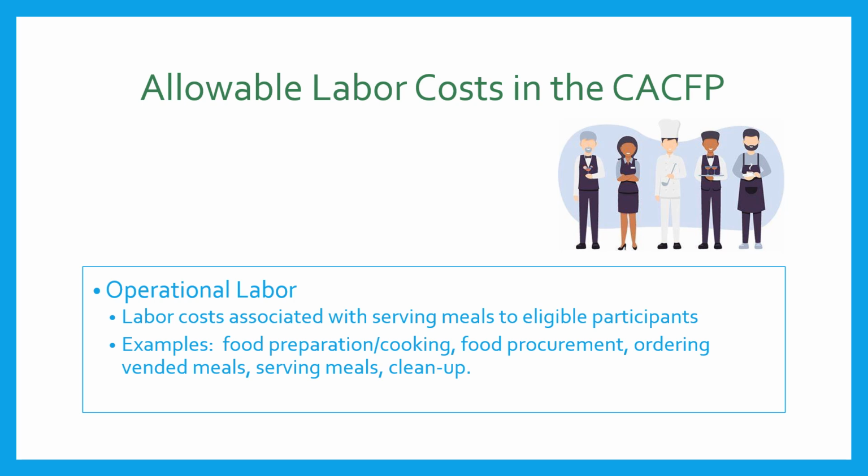Some examples of labor associated with serving meals are food preparation, including cooking meals; food procurement, specifically related to sponsors who self-prep any or all meals, including sourcing the lowest cost food or grocery supplier, and the physical purchasing of food from that supplier; if you utilize a food vendor or caterer to provide meals, ordering vended meals; serving meals, including plating food for participants; and cleanup.